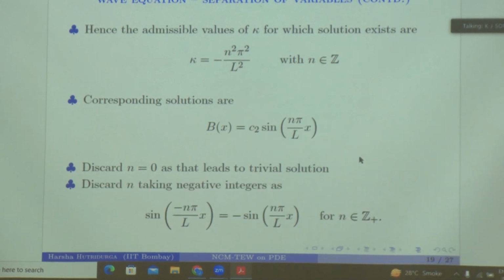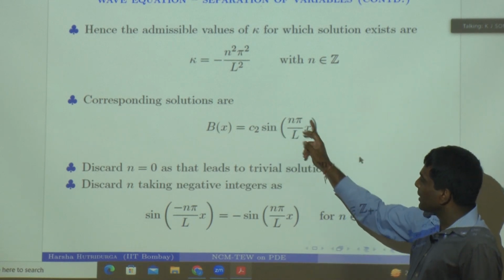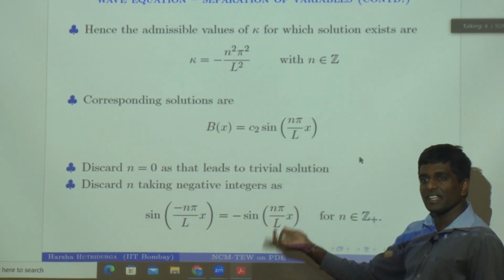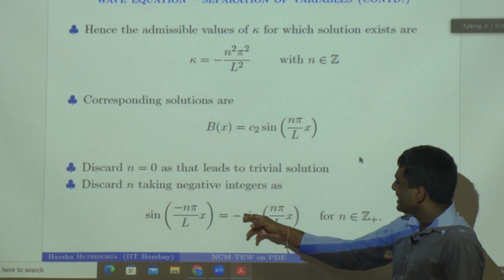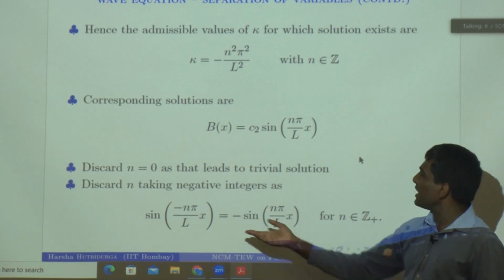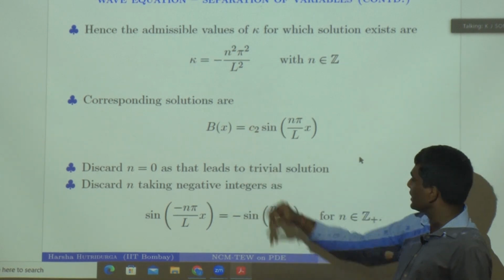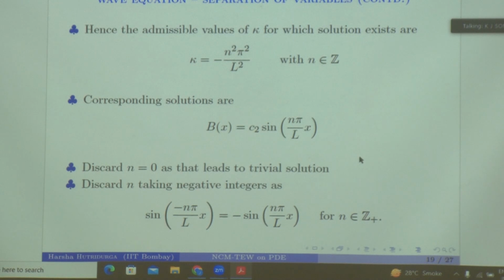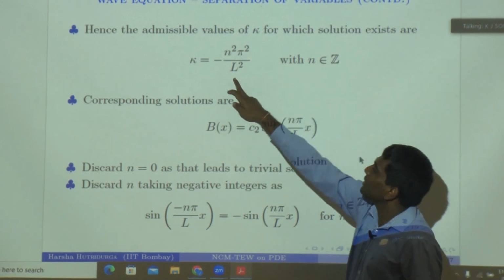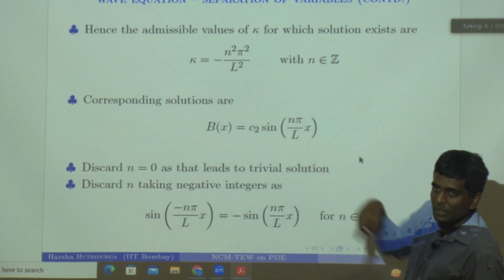And we will also discard negative integers because sine of negative n pi x upon L is minus sine of n pi x upon L. And we are just multiplying by a constant, and that constant can be taken care of by C2. So we will make sure that we are taking strictly positive integers here and the corresponding kappas.